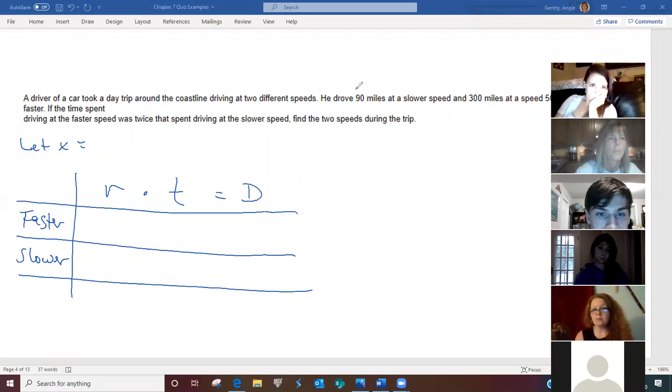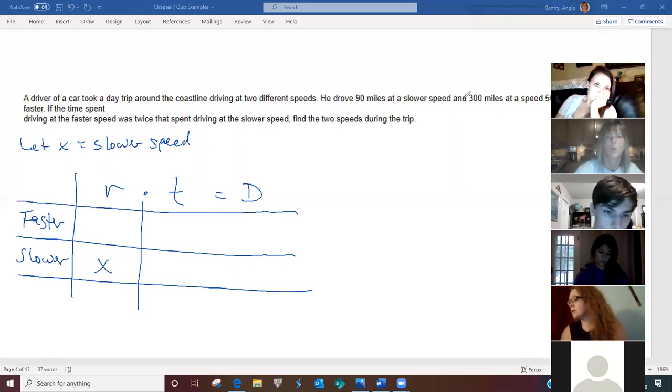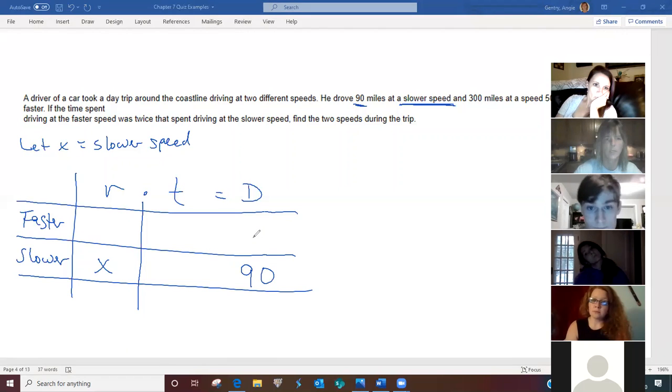You have to be careful. He drove 90 miles at a slower speed and 300 miles at a speed 50 miles per hour faster. Do you agree that X is the slower speed? That makes the slower rate X. He drove 90 miles at the slower speed, so you put that 90 with the slower; that's the distance you're covering.